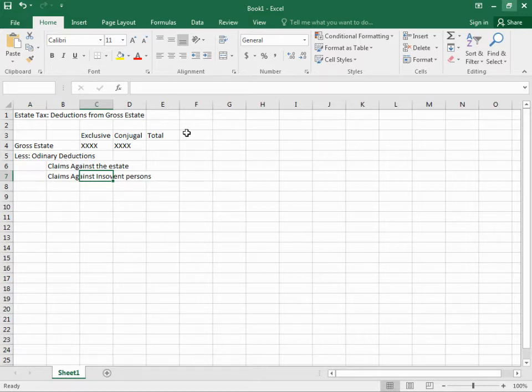Okay? When a person is already declared as insolvent, it will no longer be part of our taxable estate. So that's the claims against insolvent persons. Another one is unpaid mortgage. So the unpaid mortgage is under this part.